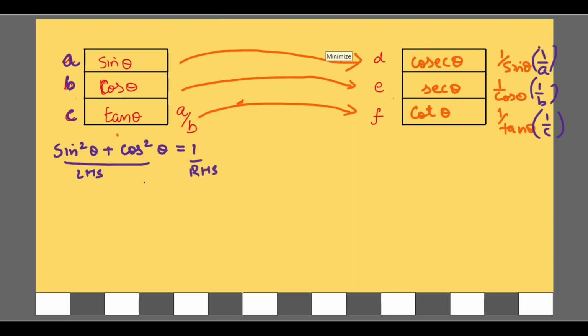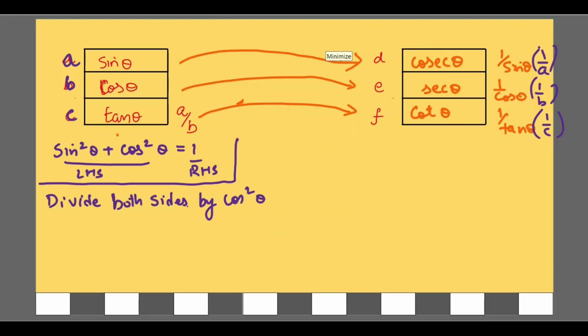Now, if I divide both the sides by, let's suppose, cos square theta, this will become sine square theta by cos square theta.